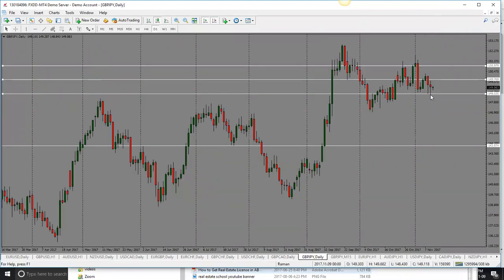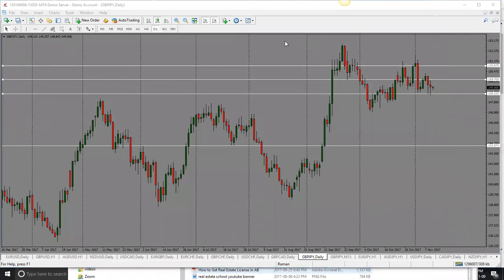Pound yen, we did see a drop, then price pulled back. So the bias is still to the downside, but do keep in mind that we are running into support here at 148.50. Twice we haven't been able to break the support. That means if the price comes back into this level, we could see a bounce off of this level once again. So I'm looking for a retest of this level, 148.50, and then potentially a bounce off of that level.